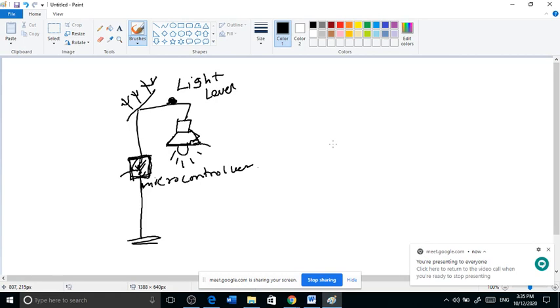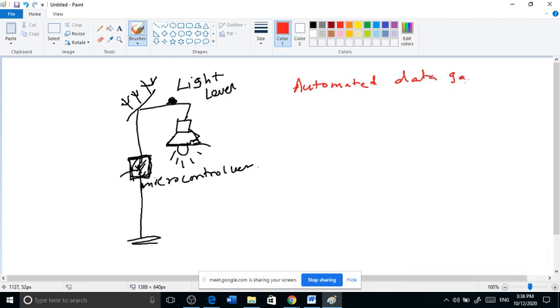So here on the screen you can see, Putta, the fully automated data gathering. So this is what a fully automated system is.